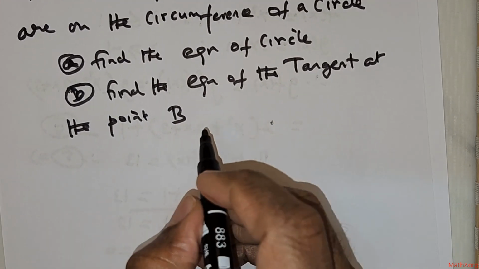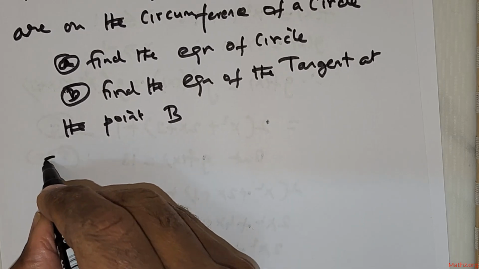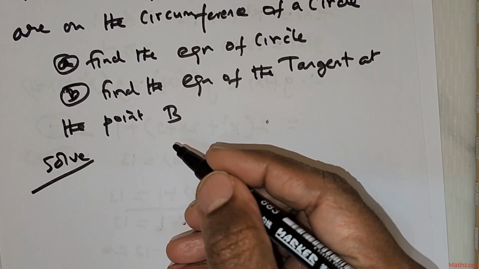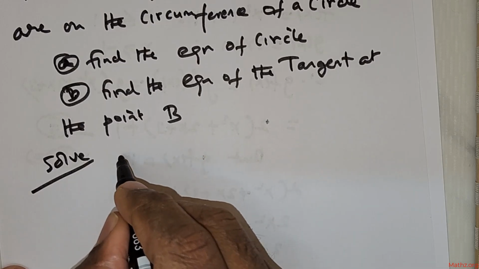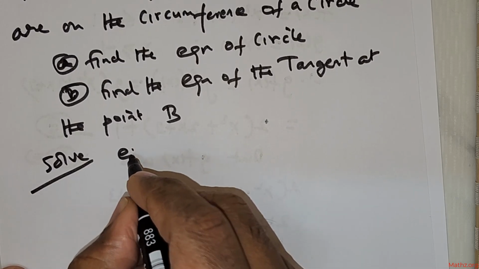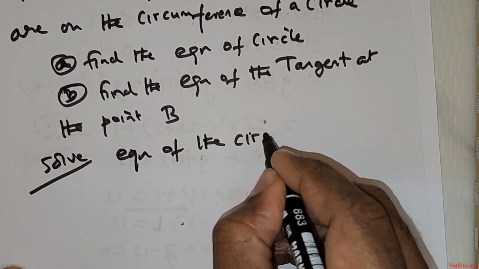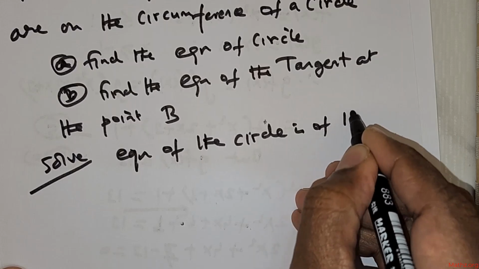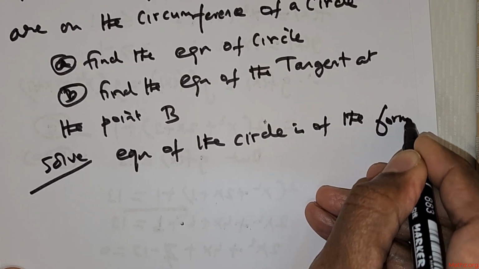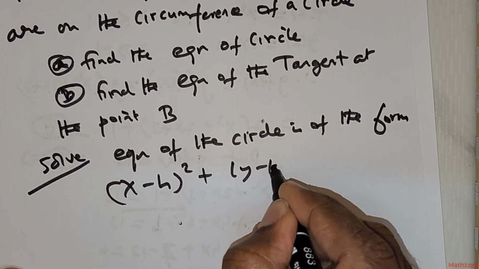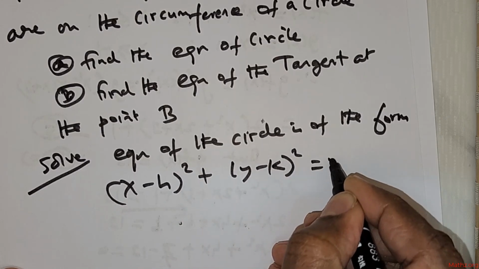So, having given you this question, let me solve the first part, find the equation of the circle. Now, we know that the equation of the circle is of the form (x − h)² + (y − k)² = r².